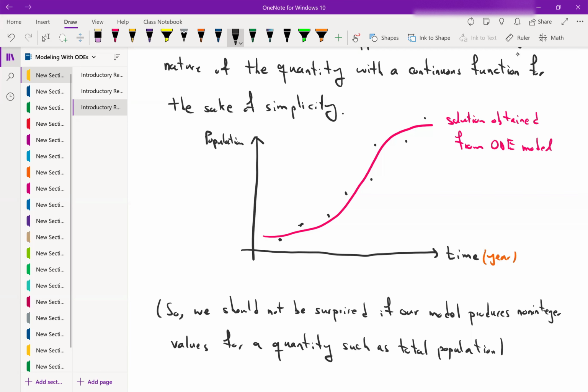For example, you can talk about 2.5 million, right? 2.5 is not an integer, but 2.5 million is a perfectly legitimate number for the total population in the real world.